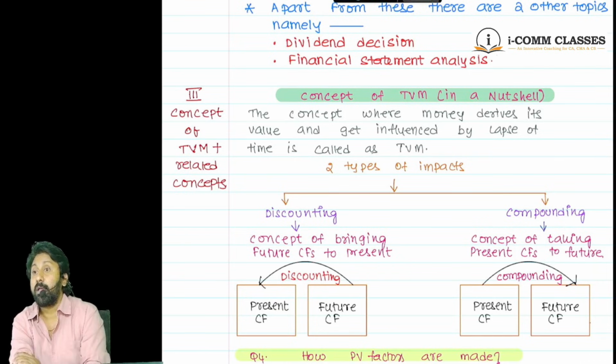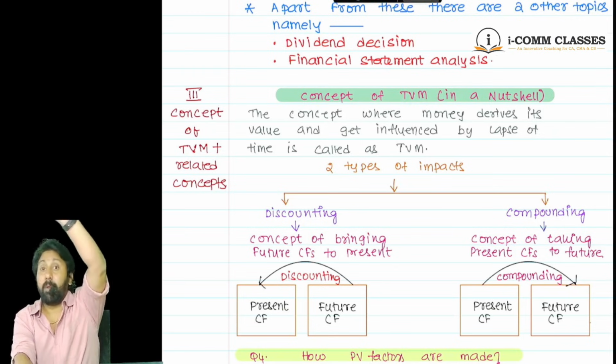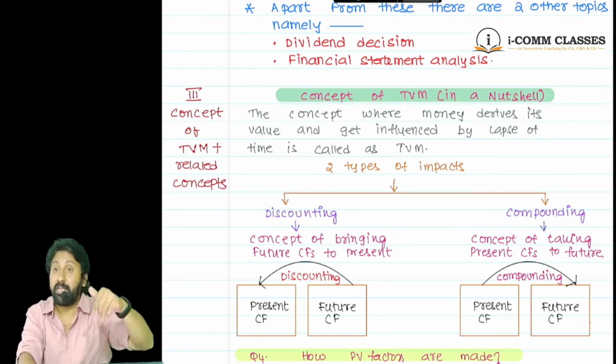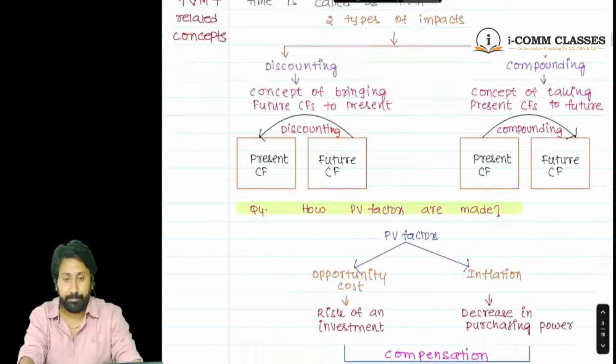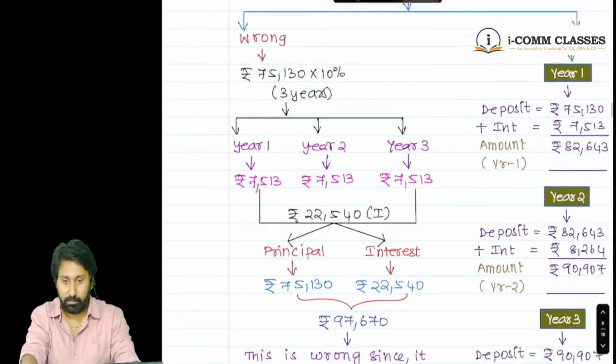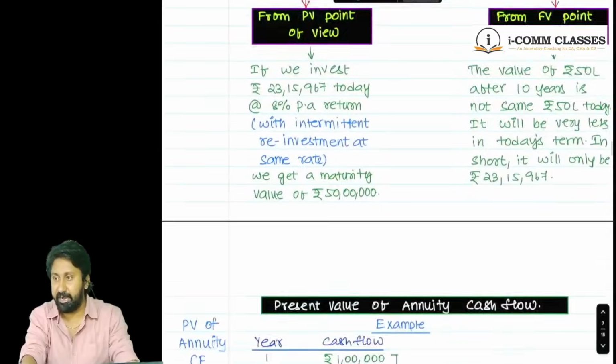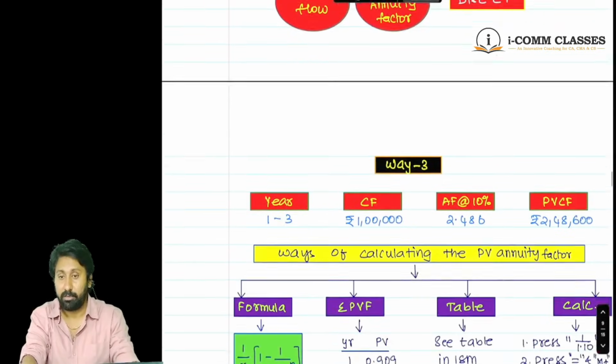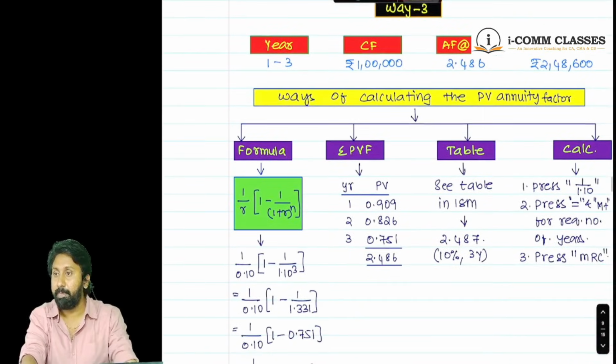There is one concept in maths at foundation called time value of money. Heard? Yes. Everyone heard? But we will learn the real meaning of time value of money in FM. Okay? So we will see discounting factor. With problems we will see, not just theoretically. You can see the screen.